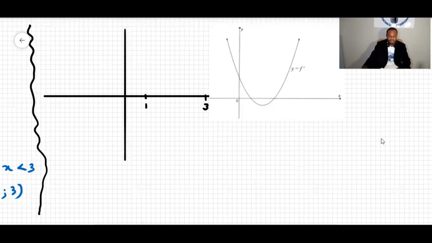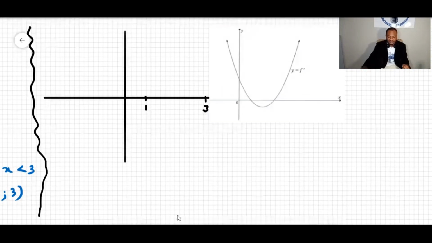Because it has a U shape, the leading coefficient a is greater than 0, positive. Therefore, the leading coefficient of f of x will also be positive.